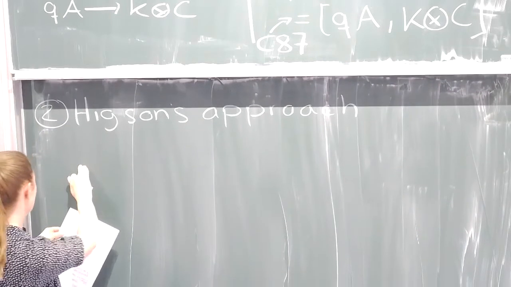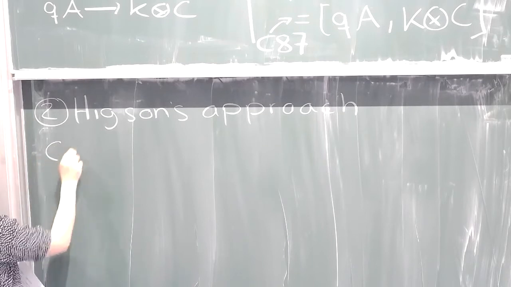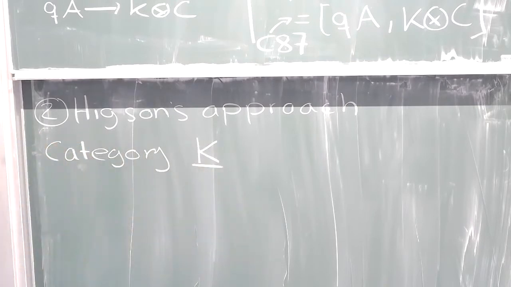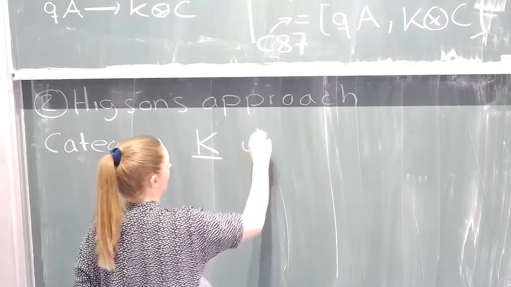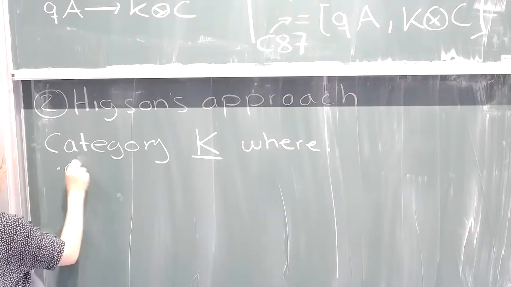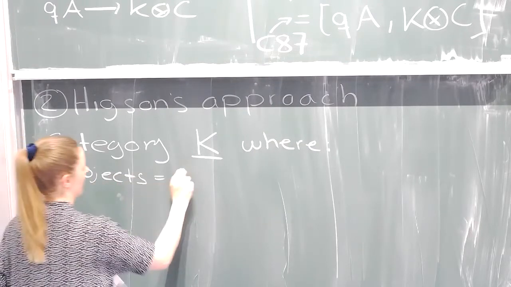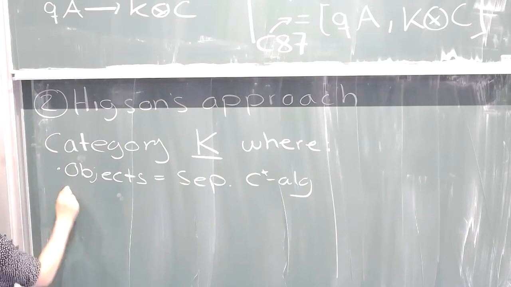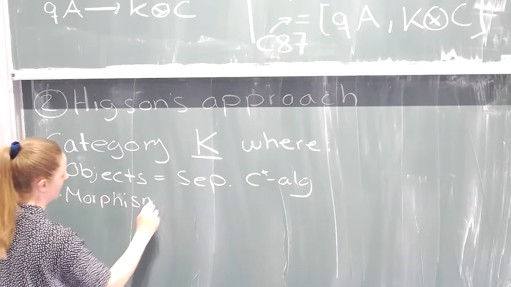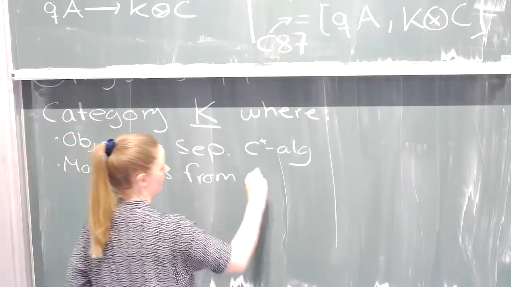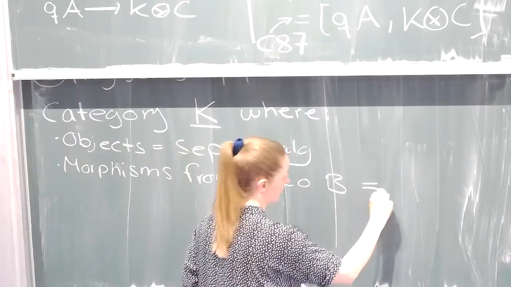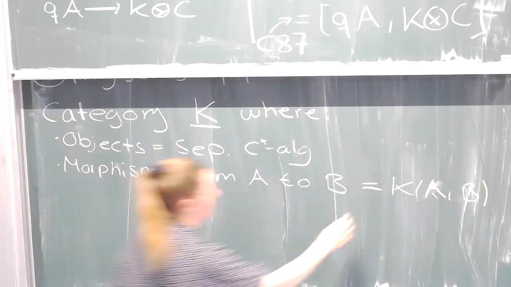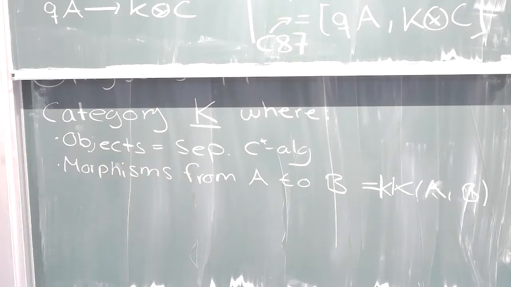So what Cuntz did was to look at a category, denote it like this, for which the objects are separable C-star algebras, and the morphisms from A to B is the KK group of A and B.